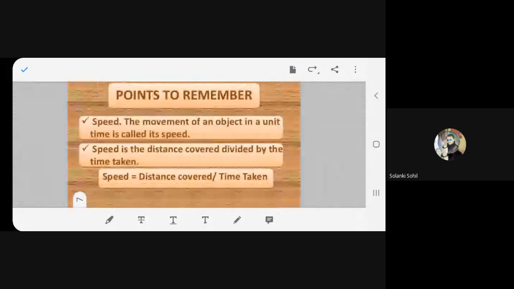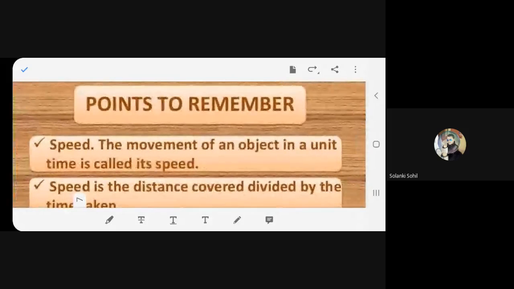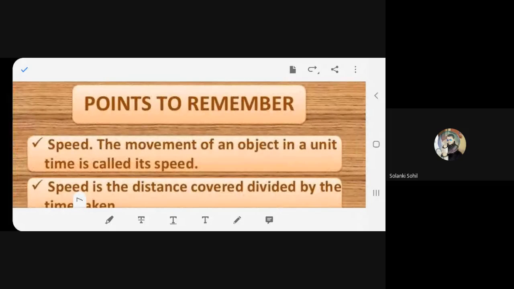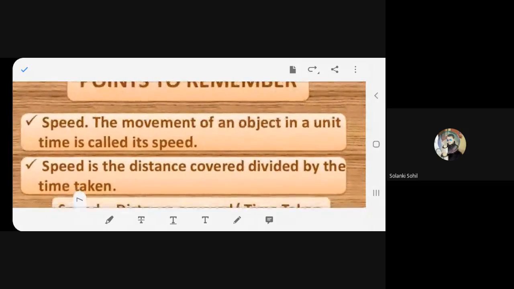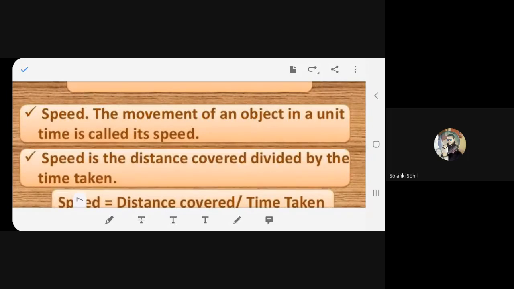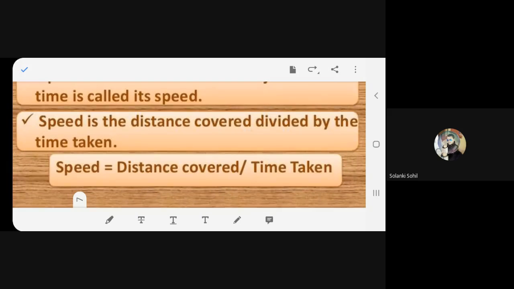Now we will revise it. What are the things that we have to remember? Speed: the movement of an object in a unit time is called its speed. Speed is the distance covered divided by the time taken. Speed equals distance covered upon time taken. So revision is over.